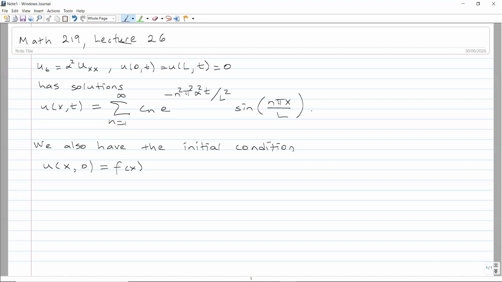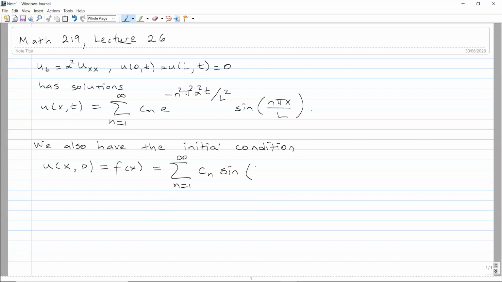Now, if we use this sum and put t equals 0, n from 1 to infinity, Cn, when you put t equals 0, e to the power 0 becomes 1. So that term disappears.